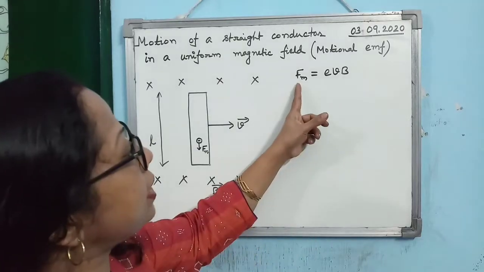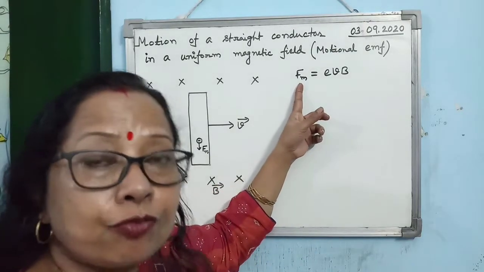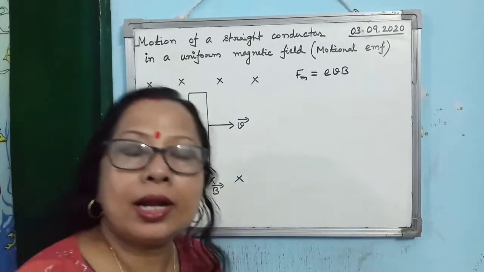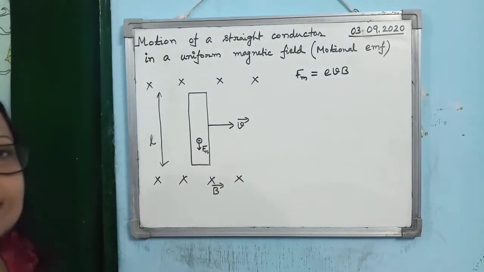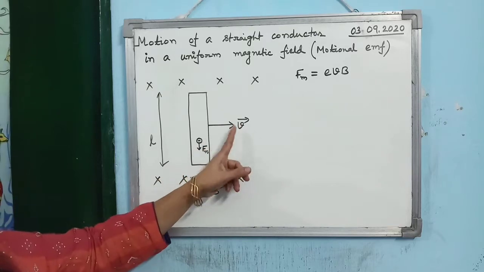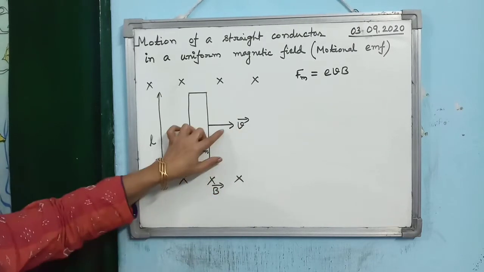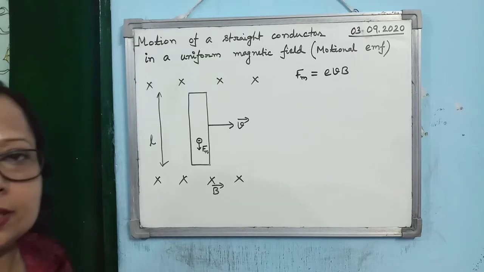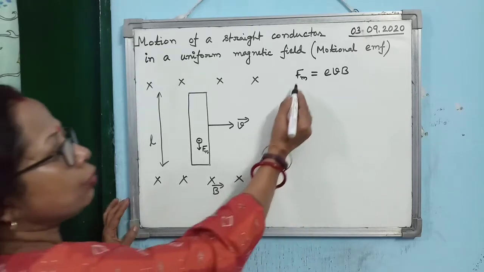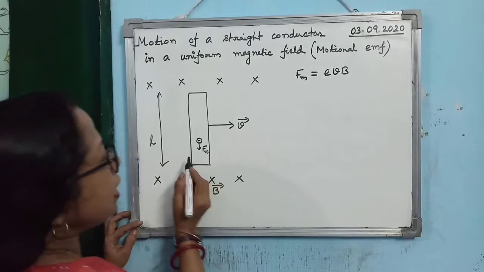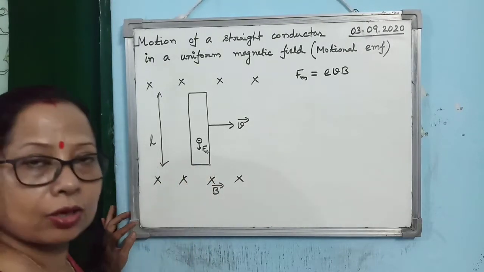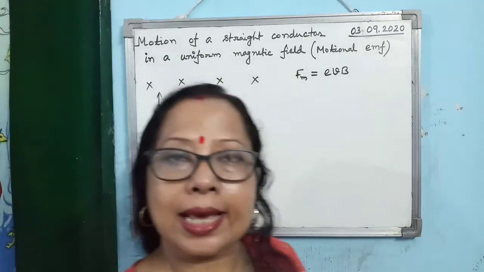So what is the magnitude of the magnetic force experienced by the electron? eVB. If you apply Fleming's left hand rule, the electron will experience the force in the downward direction. So the magnitude of Fm is eVB, and the direction is downward.